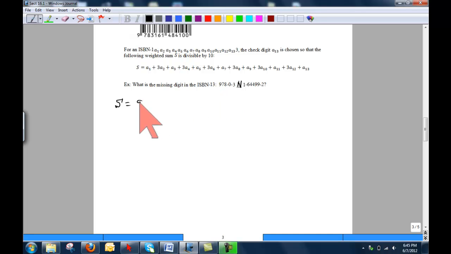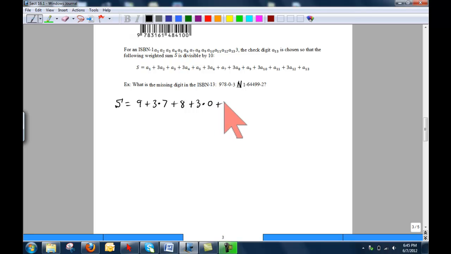So it's 9 plus 3 times 7 plus 8 plus 3 times 0. Every other term gets a 1 in front, and then the opposite terms get 3's in front.